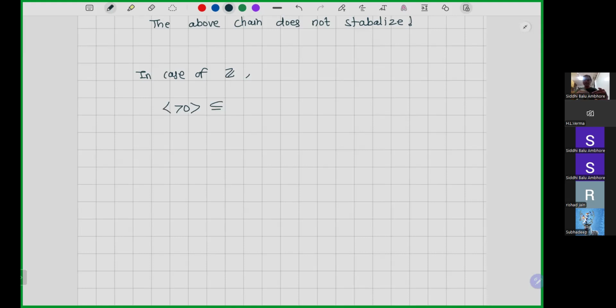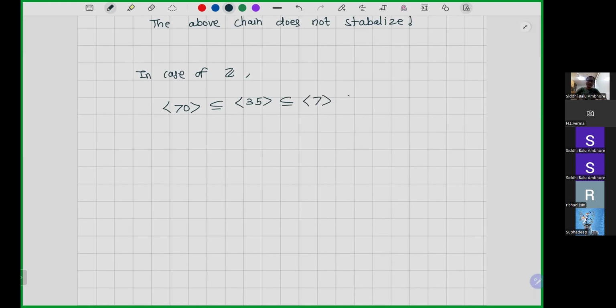Can you give me some ideal which is bigger than the ideal generated by 70? Okay, you went ahead very quickly. Let me just write a few elements in between. For example, let me write 35. Then it is again contained in the ideal generated by 7.